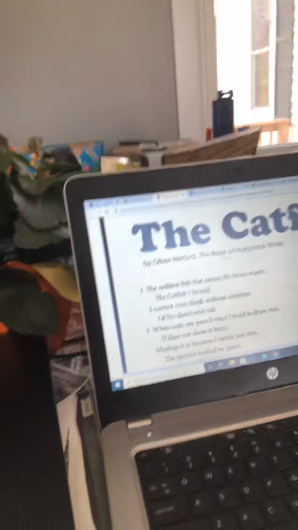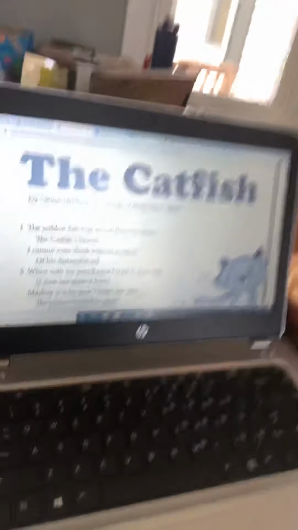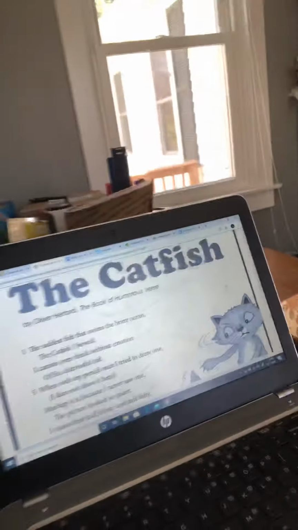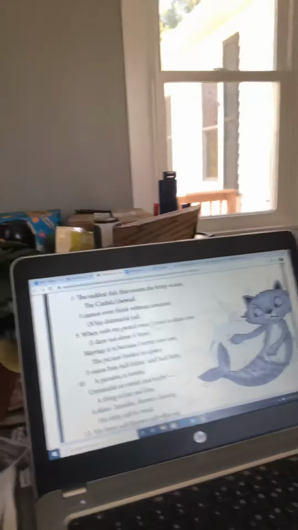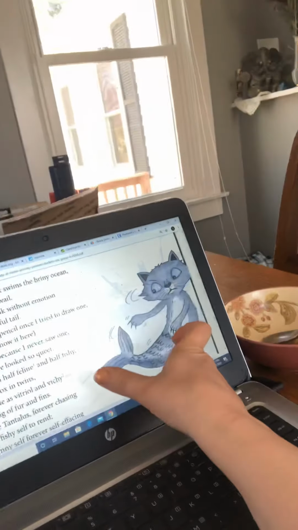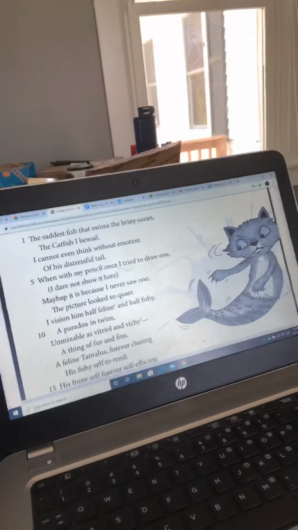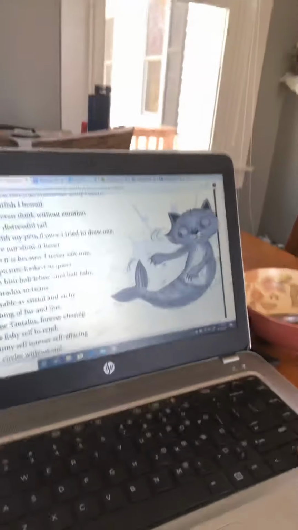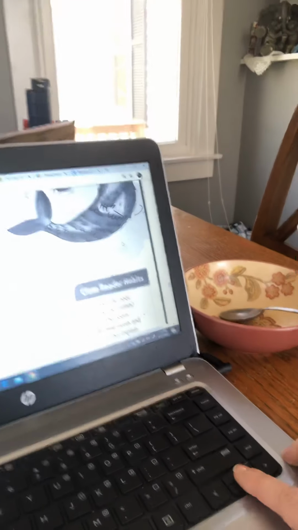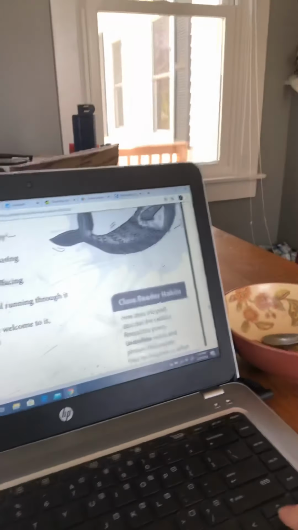I'm not going to read this, but it's about someone who doesn't know what a catfish is, and they imagine that it's a creature that is actually half cat and half fish, which is silly, but that's what they think it is. And they talk about a sad cat, and compare it to a feline Tantalus.